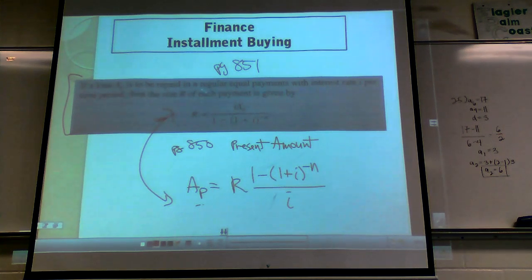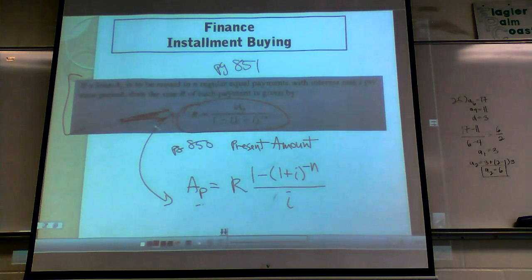So the way the problems are set up, like this one here, they say you have a certain loan you're getting, and you want to find out how much each payment is going to be, or roughly how much each payment is going to be, depending on what your interest is. If you want to find out how much each payment would be, you would use this one.